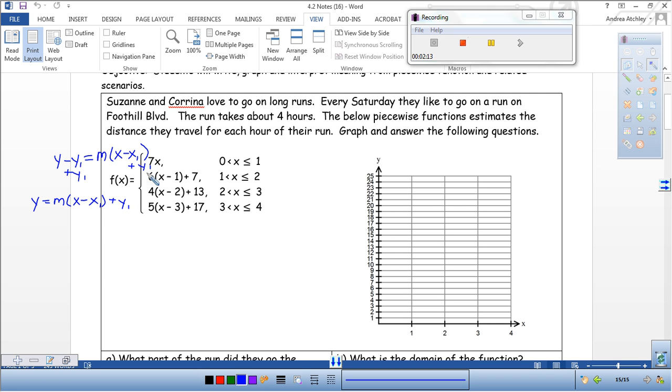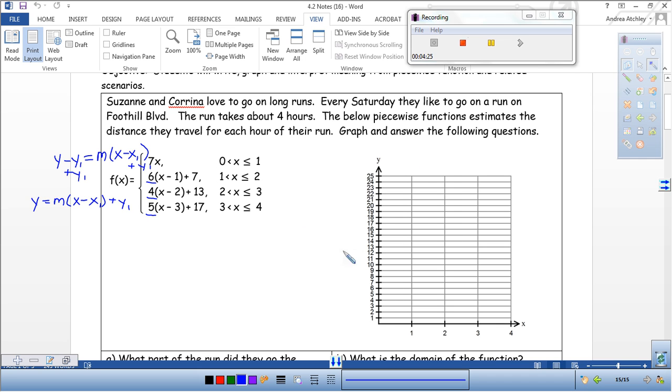So that means she is running 7 miles in an hour. The next one. How fast is she going? 6 miles per hour. Then 4 miles per hour. And then 5 miles in that hour. That's all that means.